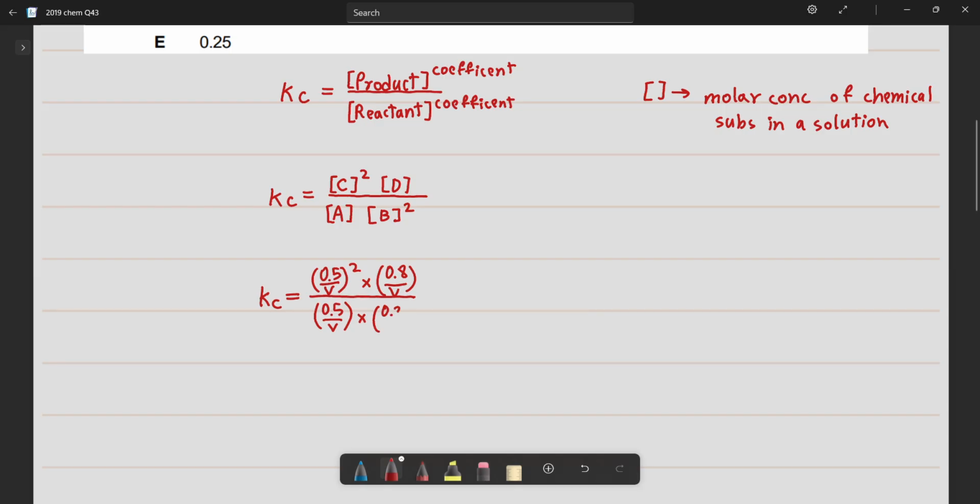Okay, so 0.2 is for B, 0.2 by V squared.